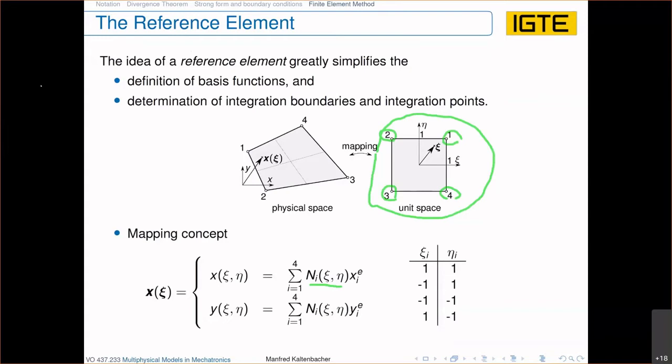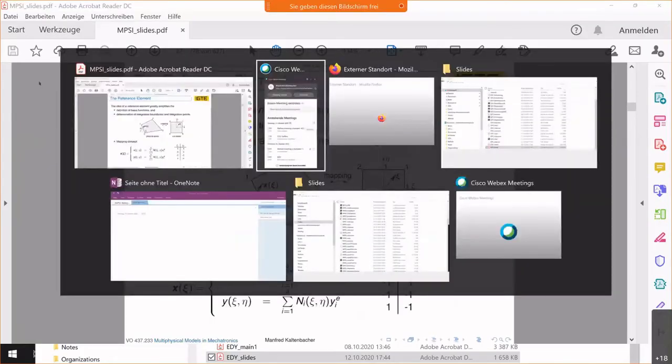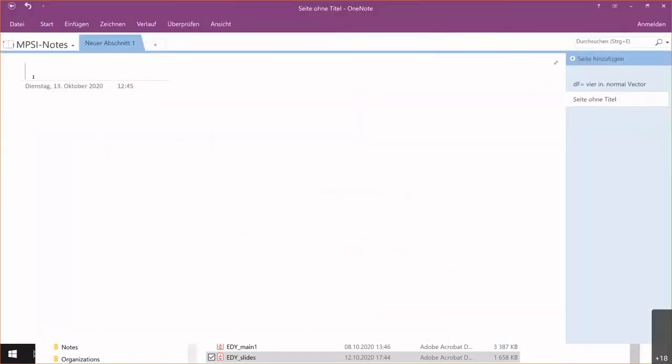In this case we do the geometric mapping, and for this case I just go to one node because it's easier to write something there. So we have the basis functions Ni, which are functions of psi and eta. And you can now do the following, that you define this as a bilinear function.